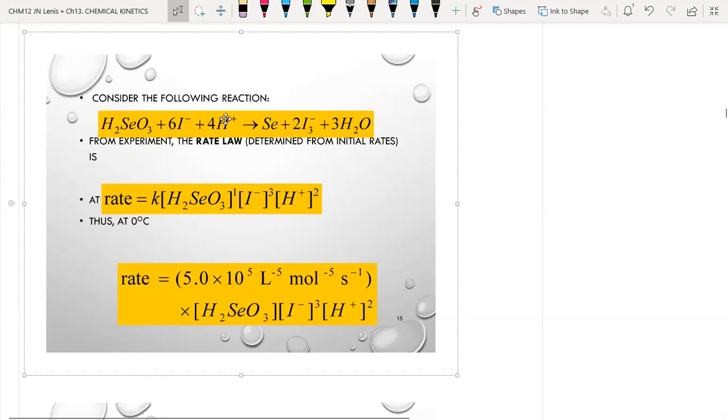But notice that this is a solid and this is a product, so we don't care, because we are going to write the rate law as a function of the concentration of reactants only.